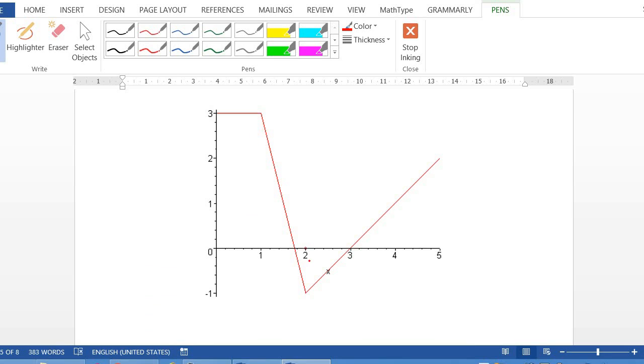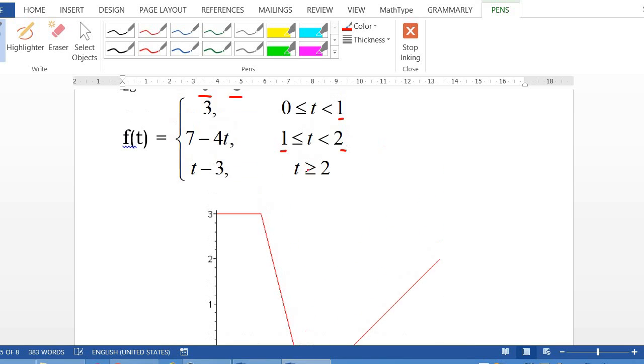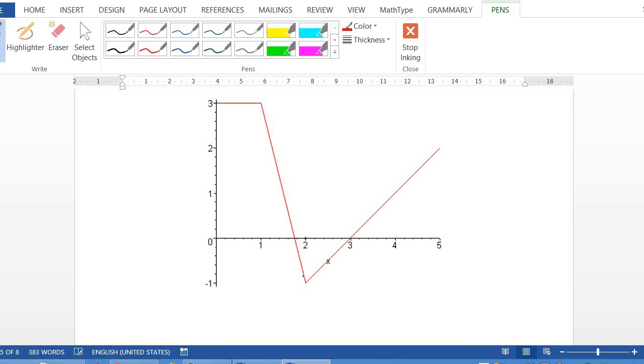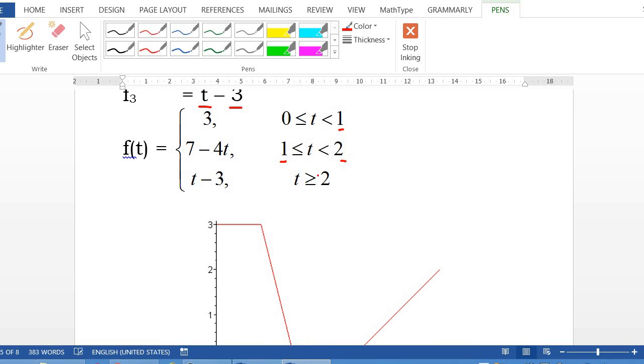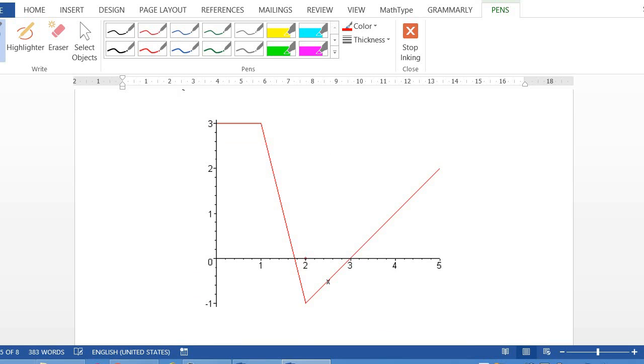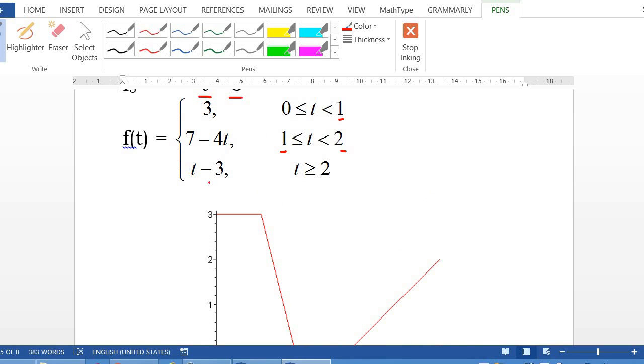Connect it with a straight line, because this is a linear graph. When t is greater than or equal to 2, t minus 3, you have negative 1. So this is a continuous function. The other point, let's say I plot until t equals 5, so 5 minus 3 you have 2.